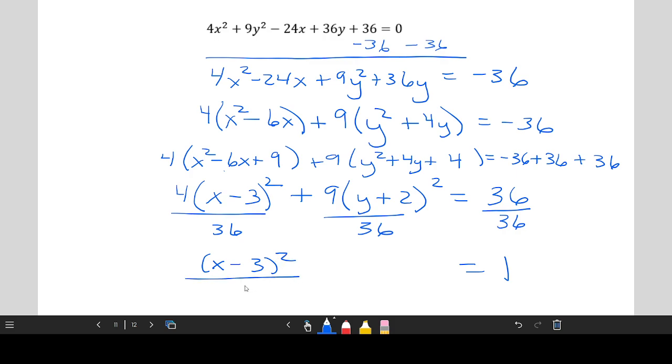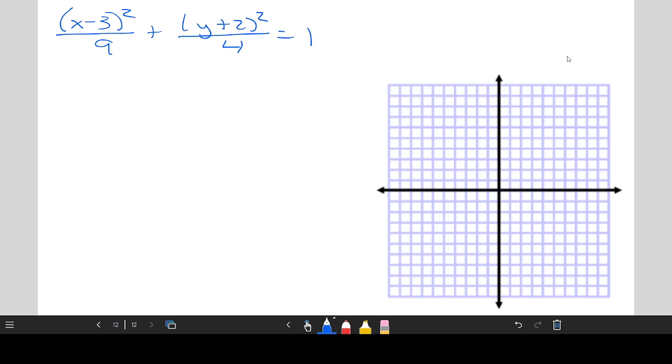So we get x minus 3 squared over 9 plus y plus 2 squared over 4. And we have x minus h here, and we have x minus 3 for this one. So h is 3, and then y minus k, so k is negative 2.